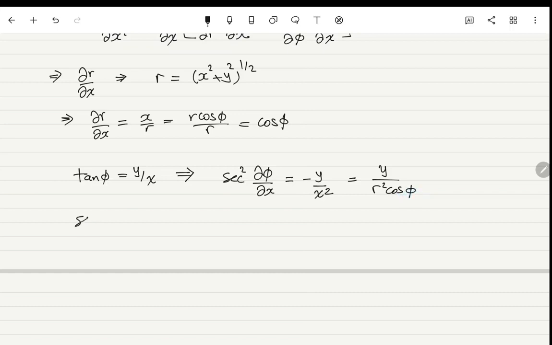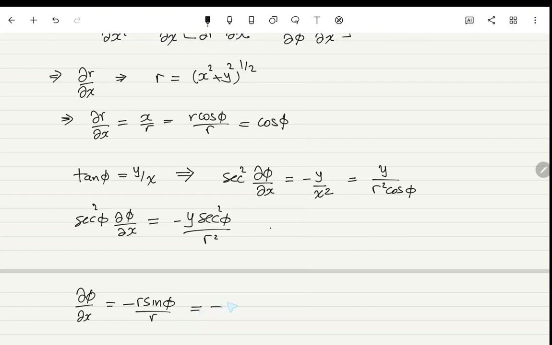Now secant square phi partial phi partial x equals minus y secant square phi over r square, and partial phi partial x equals minus r sine phi over r square.